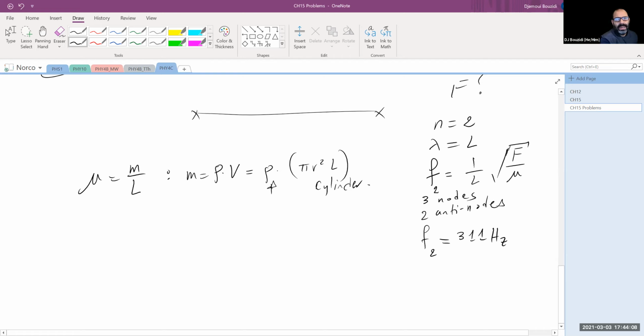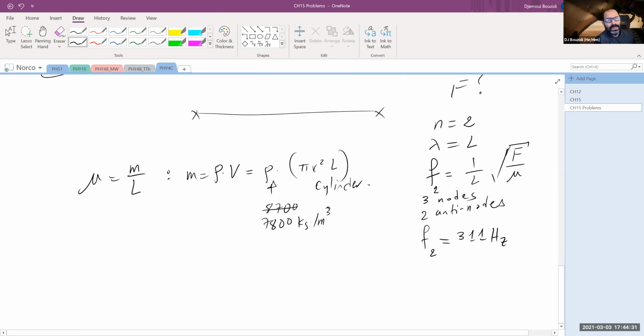Now the steel has a density, and I think that was part of the lab, of 8,700 kilograms, or 7,800 kilograms, I'm sorry, I put it backward, kilograms per cubic meter. So yes, we can find the mass of this string, because we know the density is 7,800 kilograms per cubic meter.